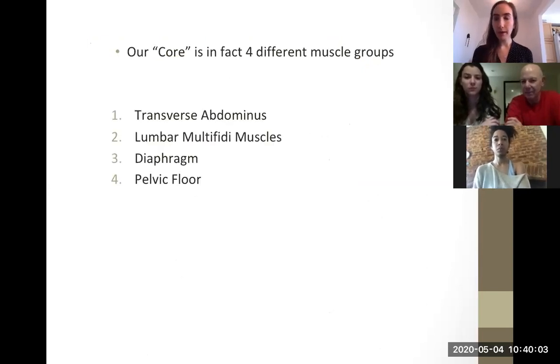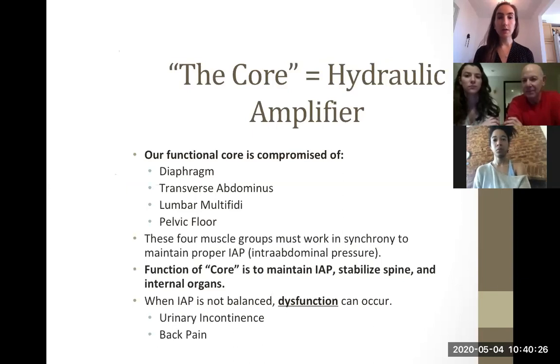Just bringing it back to, we spoke about the core a few weeks ago. Remember that the core is four muscle groups. It is not just your six-pack, your rectus abdominis, it's actually deeper muscles. The transverse abdominis, lumbar multifidi muscles, those are in the back, the diaphragm, and the pelvic floor. The core itself, the function is to work as a hydraulic amplifier.